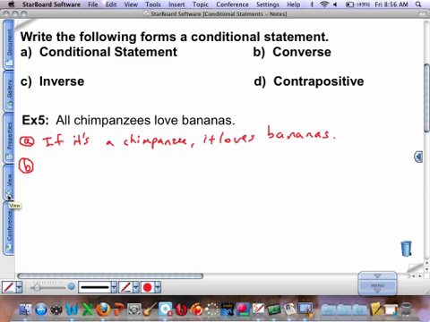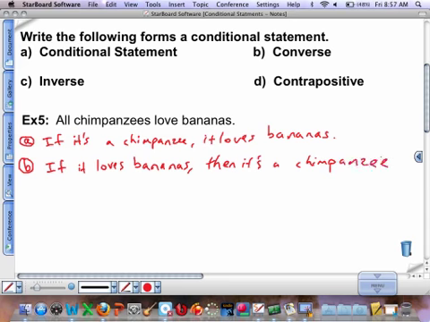All right, letter B. Converse. What is the converse? Mike, what would be my converse? If it loves bananas, then it's a chimpanzee. Do we agree? And so again, for the converse, all we're doing is switching the order.